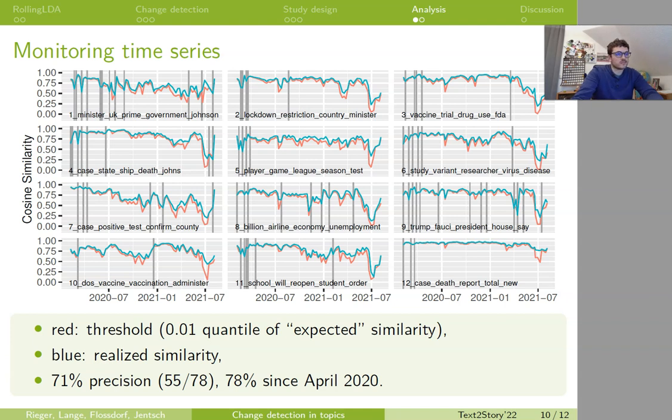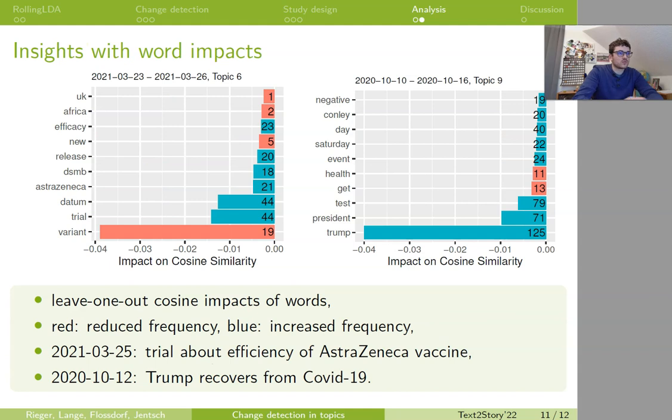Finally, I want to show you these fancy word impact plots, where we illustrate the impact of each word at a specific time point on the realized topic's cosine similarity. Technically, we calculate these impacts as the difference between the actual similarity and the similarity if we neglect this specific word.